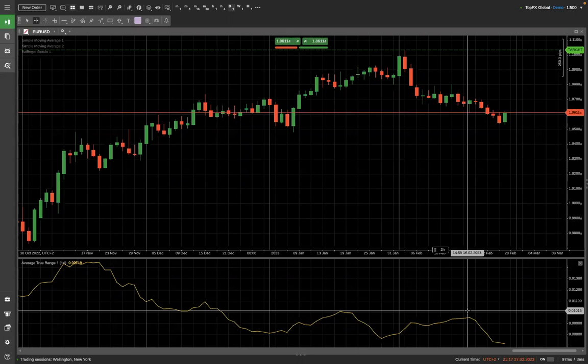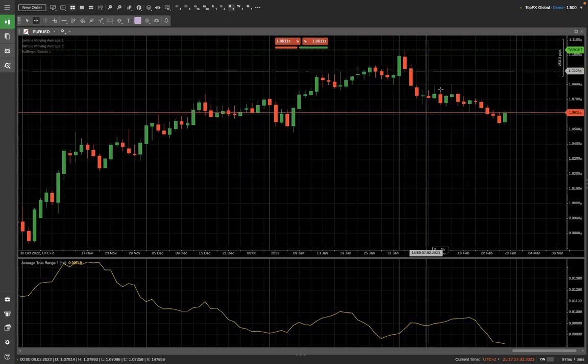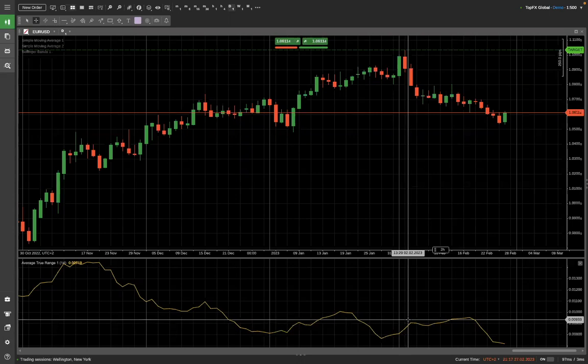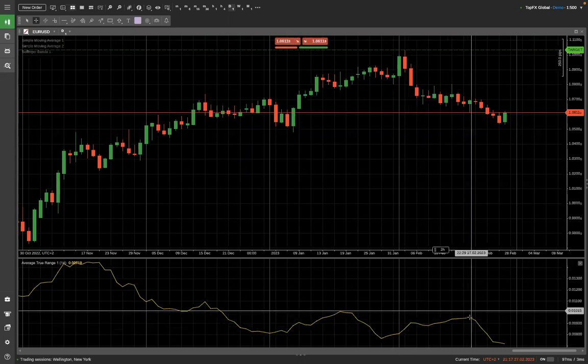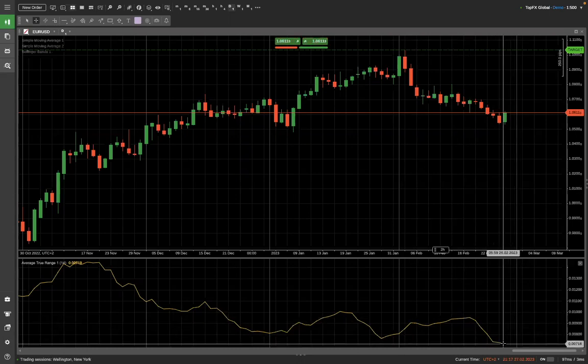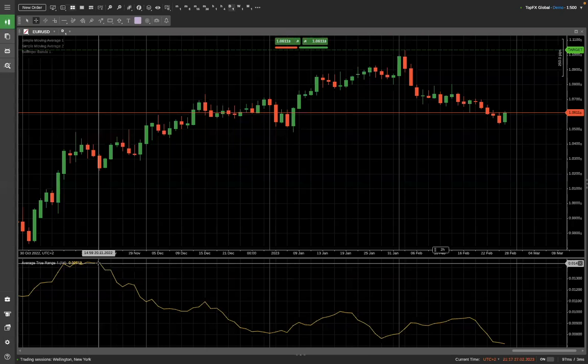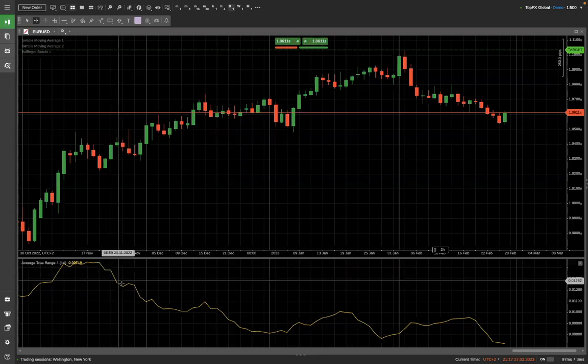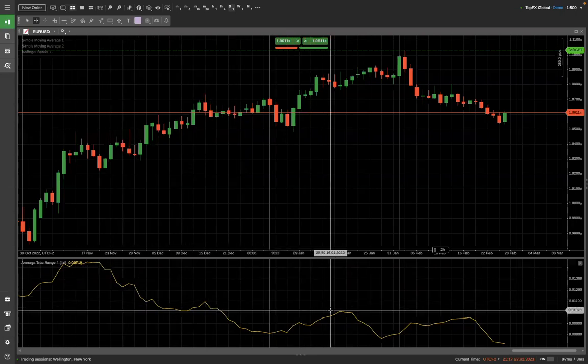The average true range is the moving average of specific true range values, basically, right? So what we have here is the range of the market that is being traded over a particular period of time. Right now, you can see that our true range is very, very low. It comes from higher levels, like this one, okay, and then it goes lower and lower.